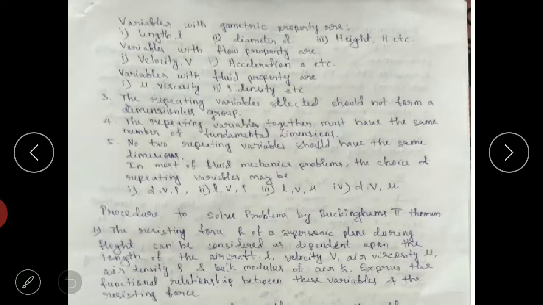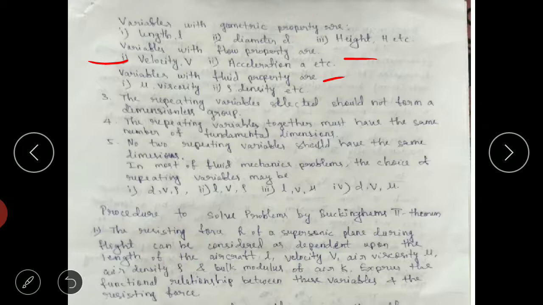Variables with geometric property, meaning those which decide the geometry, are like length L, diameter D, and height H. Variables with flow property, which basically define the flow, are velocity V and acceleration A. Then variables with fluid property: we have studied so many fluid properties like density, viscosity, surface tension, capillarity. There are so many of them, and those will be the fluid properties.